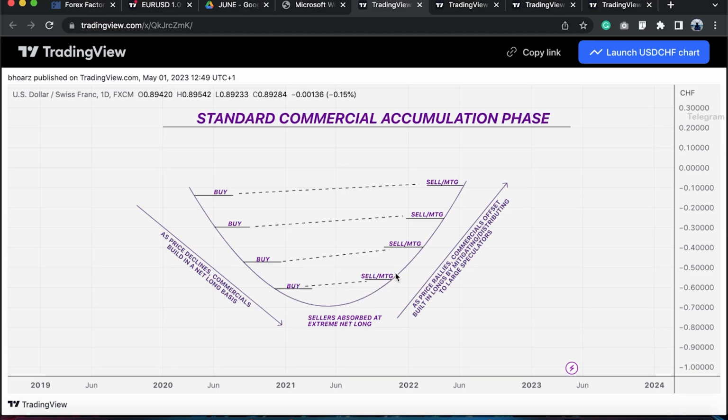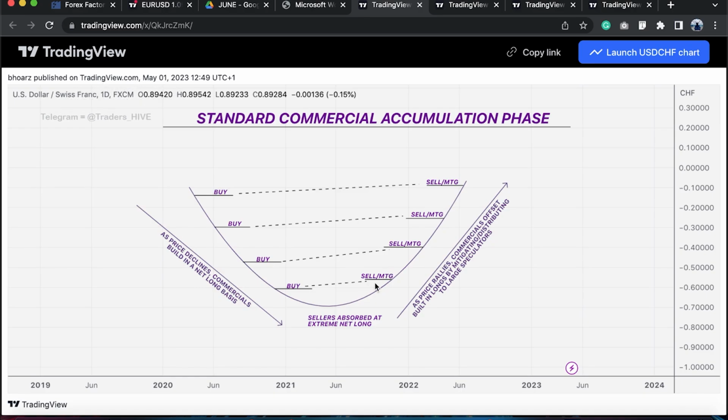The process of mitigating old positions allows them to facilitate order flow through the funds or large speculators who are coming into price and looking to chase higher prices. And this is your classic standard accumulation phase.